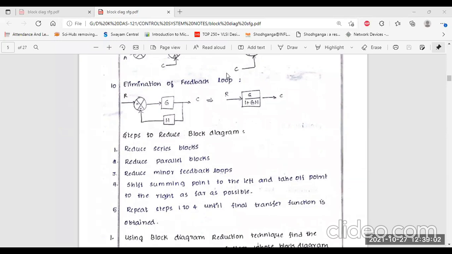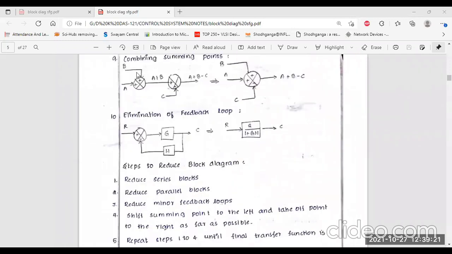Hello. Yes. Sir, can you repeat the difference between takeoff point and summing point? Yes. Summing point is where different types of inputs, two or more inputs, are connected. And takeoff point means where a branch is connected, and this takeoff point is also connected to a feedback loop, and another one is the summing point or controller point.